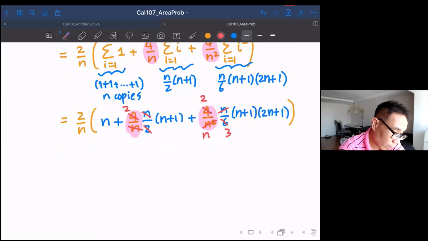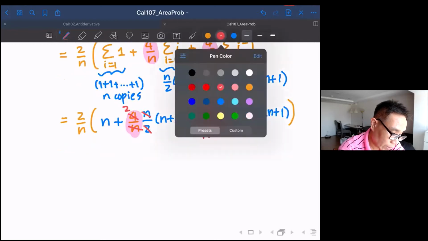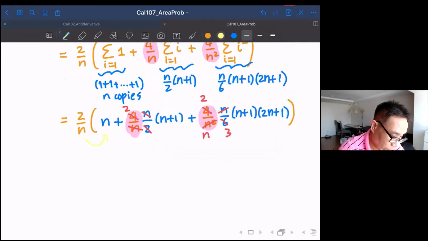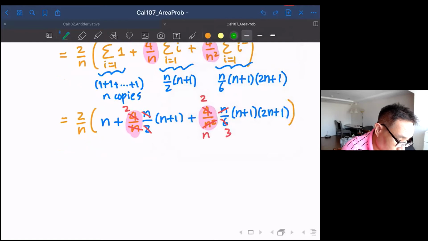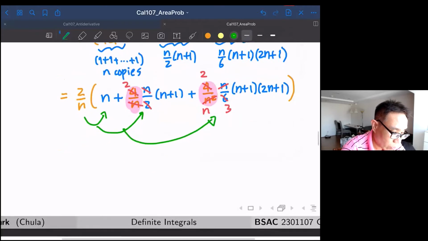And don't forget the thing that sits outside waiting. So this guy will be this term, and this term. So you multiply this one into the parentheses. So you get 2 over n times n.